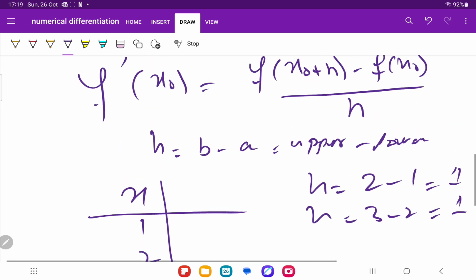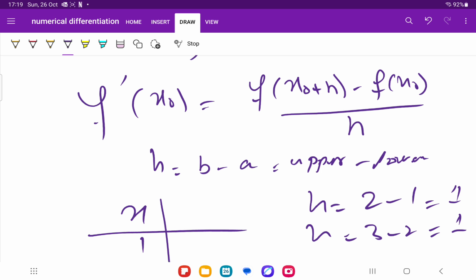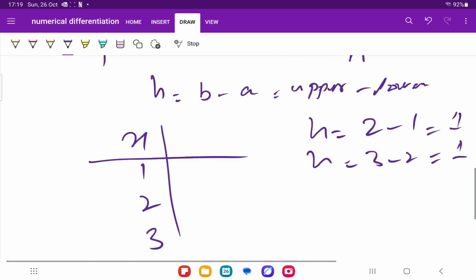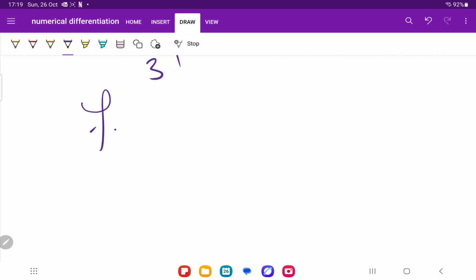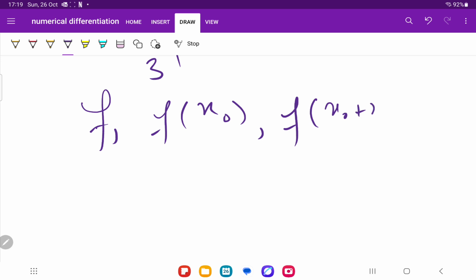So that h will be used here, f of x0. x0 is the point for which you want to approximate the derivative. So you have 3 things: your function must be evaluated at x0, and your function must be evaluated at x0 plus h, so that you will use all those values in the formula to get the derivative.